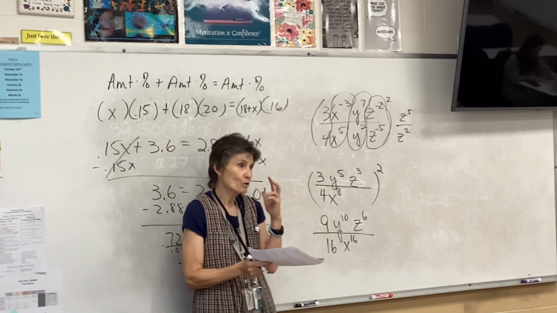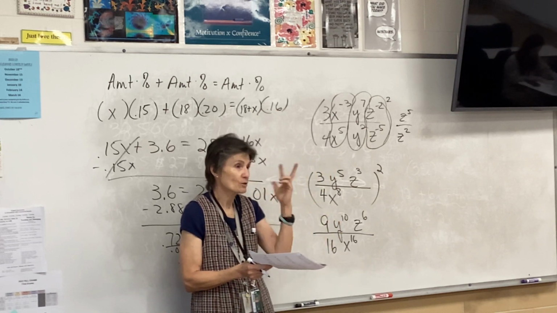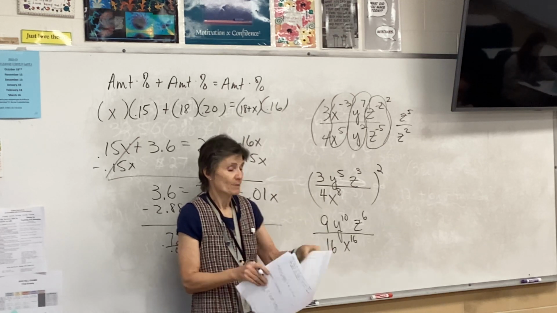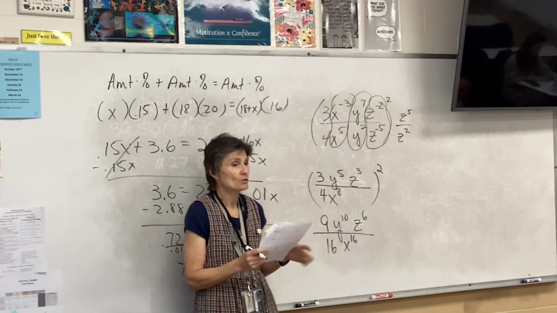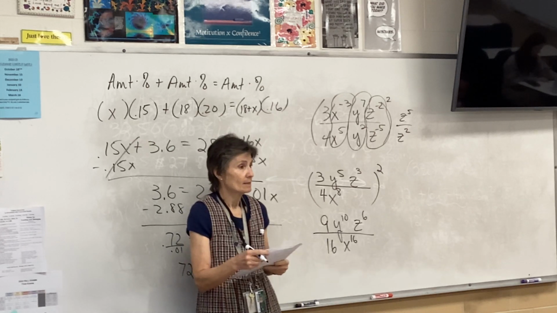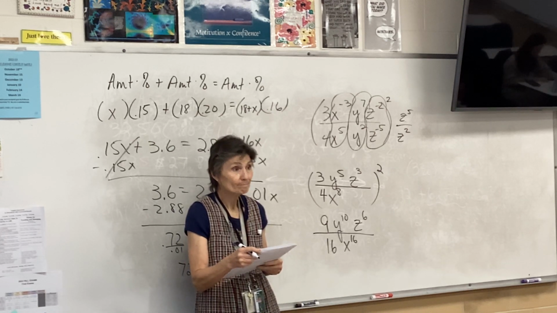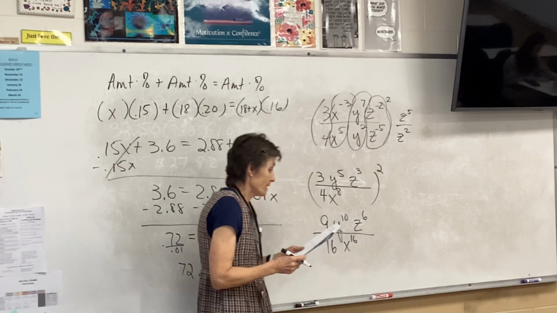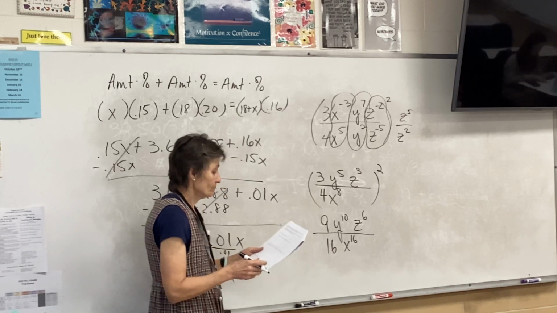If the order changes, numbers are physically in a different order, then it's commutative. If the grouping changed, then it is associative, right? So some review there.